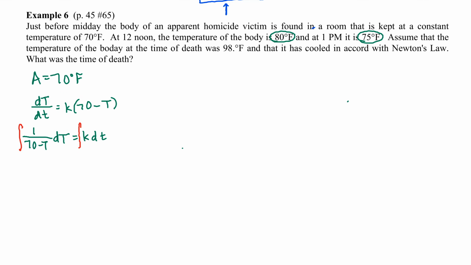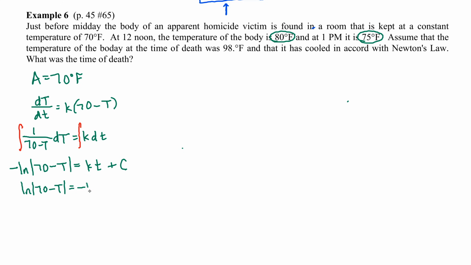Integrating on the left side, notice there we have, if we let u be 70 minus T, du would be negative dT. So when we integrate, we're going to get negative natural log of 70 minus capital T. And on the right side, Kt plus C. Let's divide both sides by that negative 1.